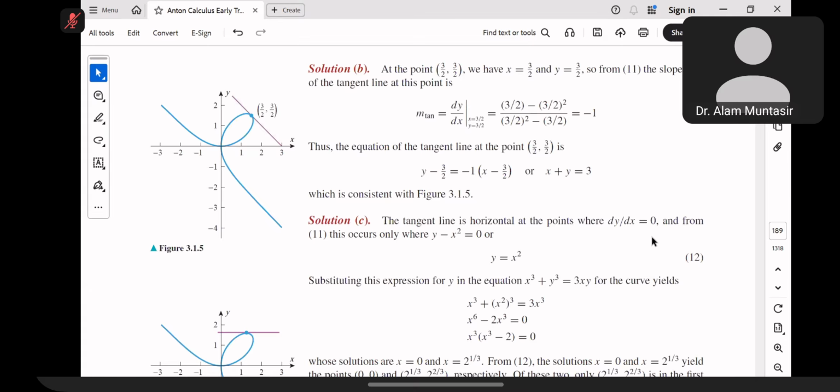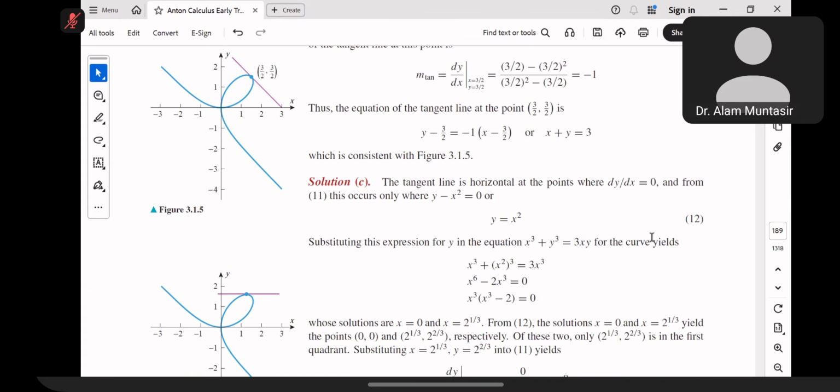And for the third part, you just need to find the point where the slope is horizontal. That means the slope value is 0. Horizontal slope means 0 slope. So the tangent line is horizontal at the points where we get the derivative equal to 0.